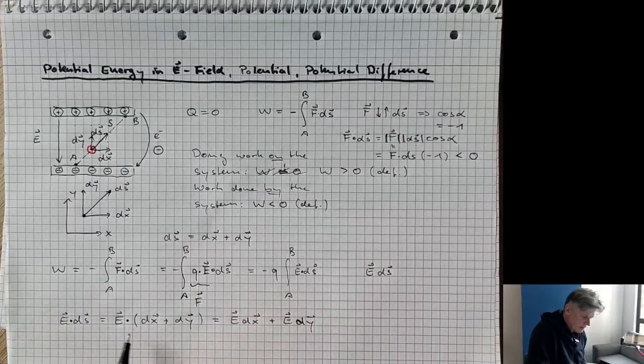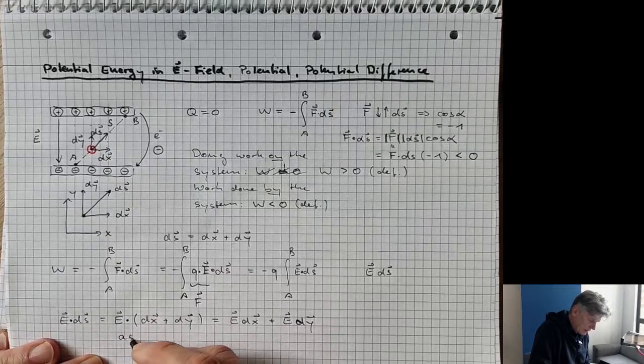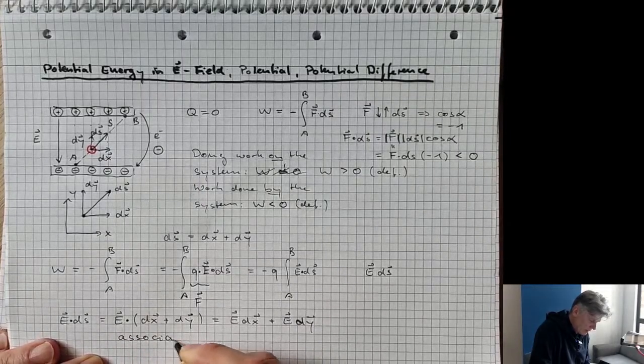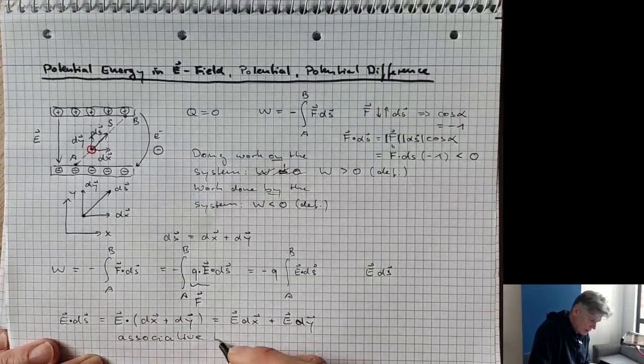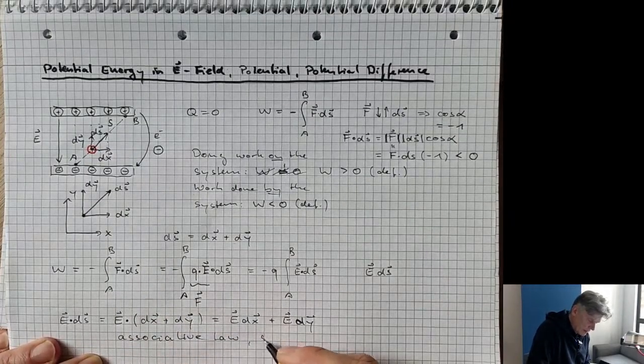So we know this rule from ordinary numbers, right? But it also applies to vectors. It can be shown that this law also applies to scalar products.